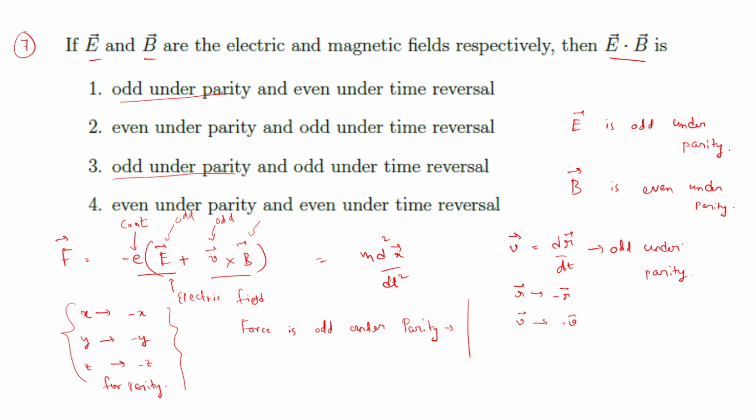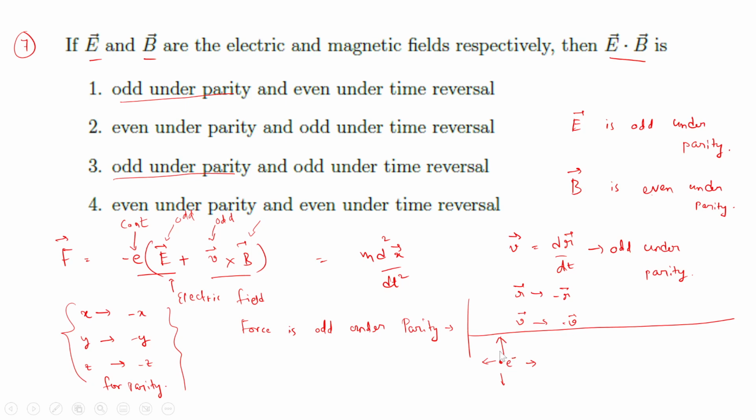Now let us look at the time reversal. To understand time reversal, let us imagine that there is an electron here, and the electric field is like this. We take a video of this electron, and then we play the video in backward mode.